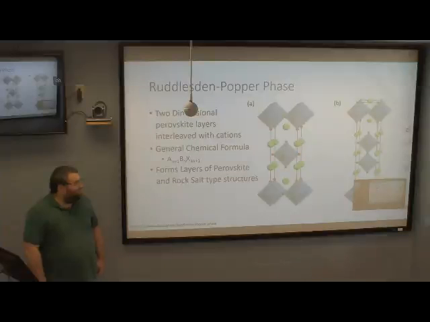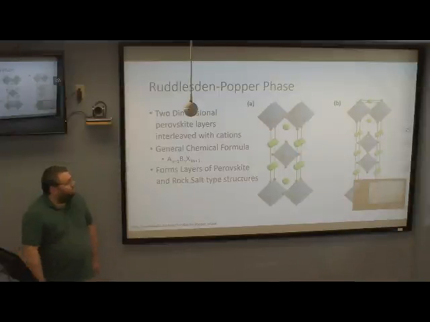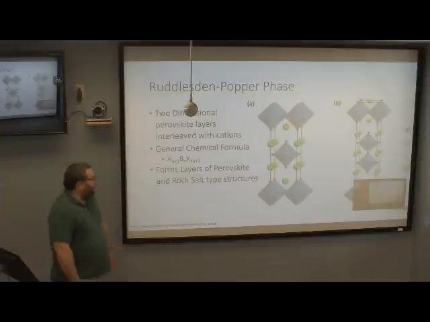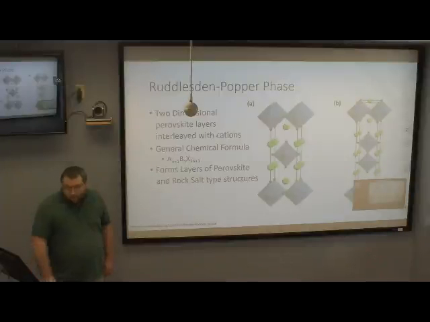So, one type of 2-dimensional perovskite is the Ruddlesden-Popper phase perovskite, and it has a slightly different general formula compared to the regular perovskite.